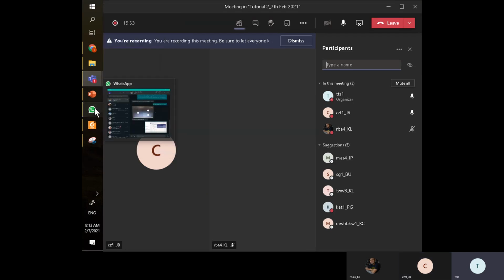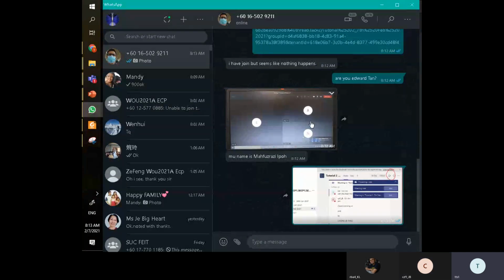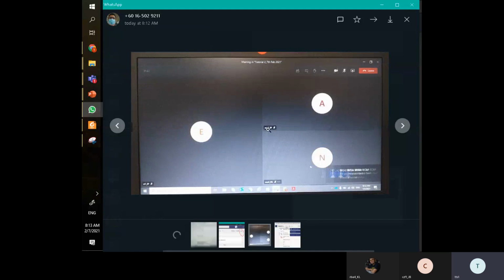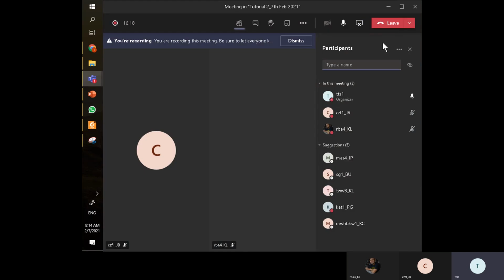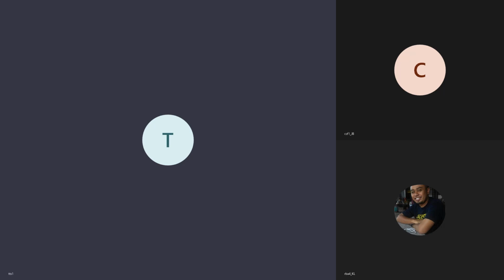The screen I'm seeing is different. Ipoh. Yeah, it's correct. Tutorial 2. How come they didn't see the screen? Strange. Let me log in again. I need to share the screen again.